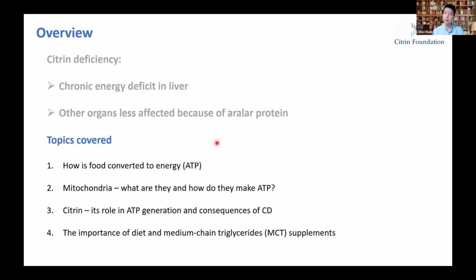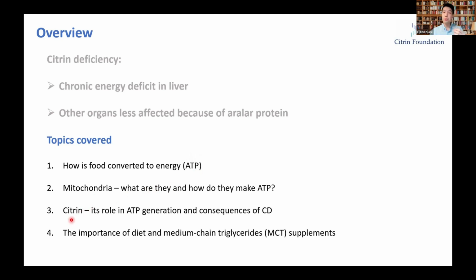So with that aside, I would now like to talk you through the four main points of my talk today. The first one is to show you how the food that you ingest is ultimately converted into energy. And in the body, energy takes on the form of ATP, which I will touch on in the next slide. Then we take a more microscopic view into your cells, at what happens exactly in your cells that helps them make ATP.